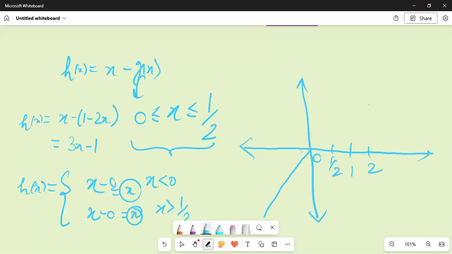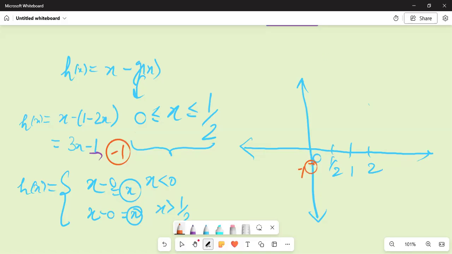So what is h when it is 0? To draw it perfectly, first of all, we see what h is when x is 0. Substitute here, you get minus 1. So at 0, it is minus 1.